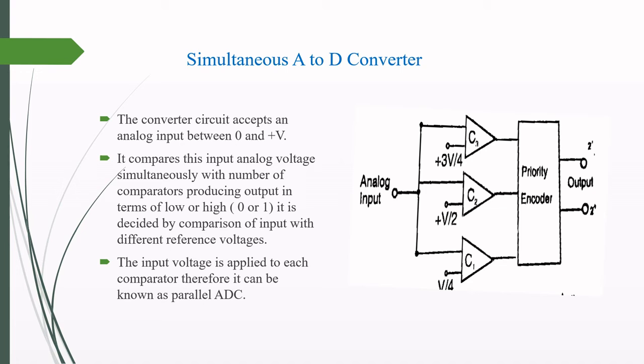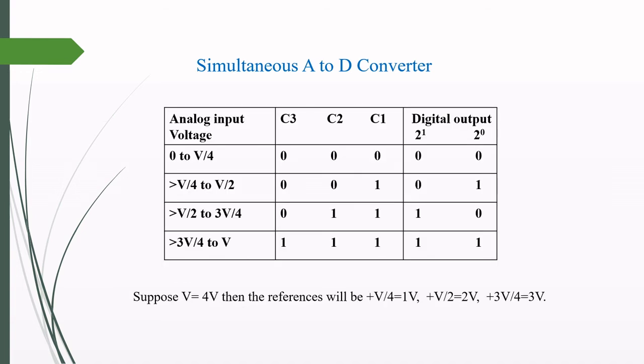Suppose V is equal to 4 volt, then the reference will be V by 4 is equal to 1 volt, V by 2 is equal to 2 volt and 3 V by 4 is equal to 3 volt. This table shows truth table for the comparators when the input is compared with the three reference voltages.